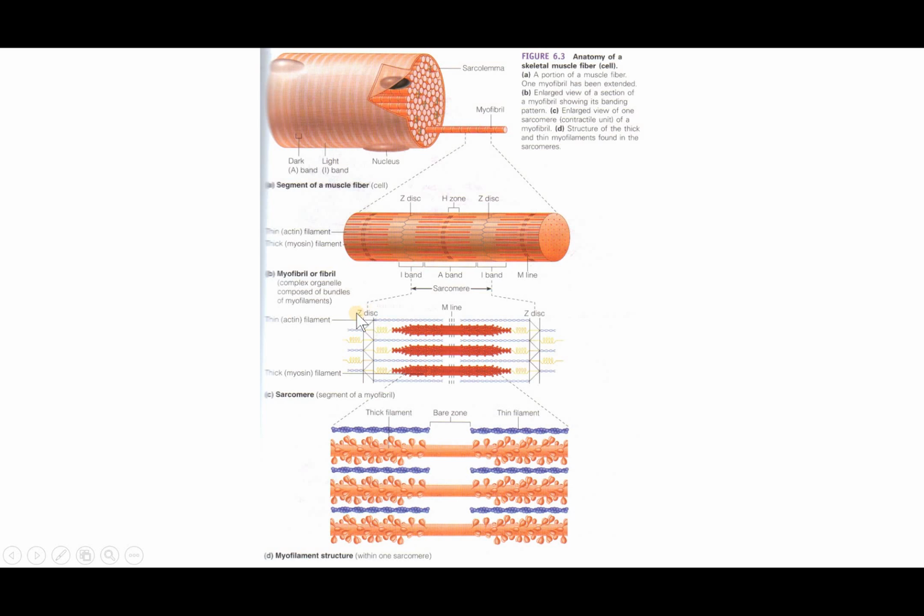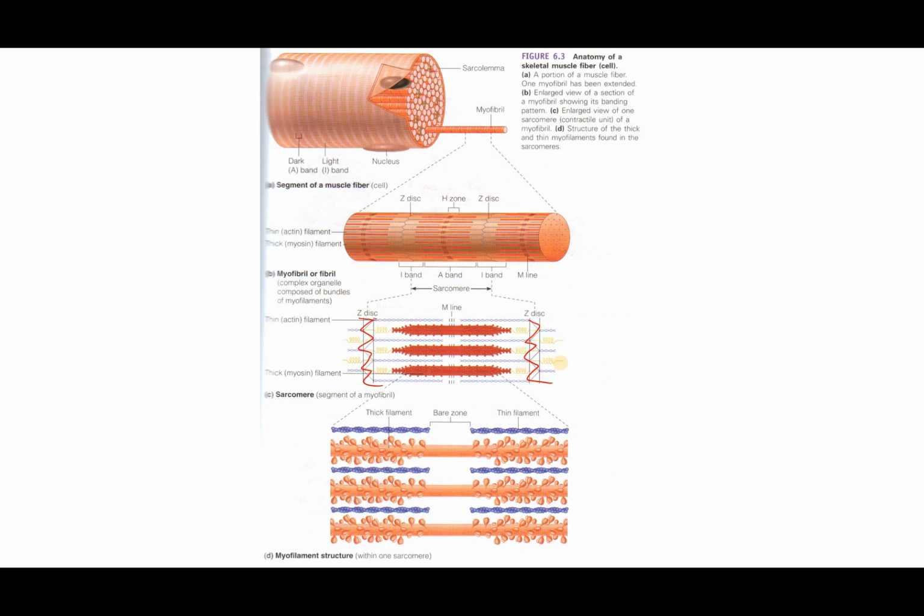Their boundaries are from Z disc to Z disc, and that creates a sarcomere. A sarcomere goes from Z disc to Z disc, and you're seeing here they kind of look like Z's all the way down. So that's where it gets its name, Z disc to Z disc.